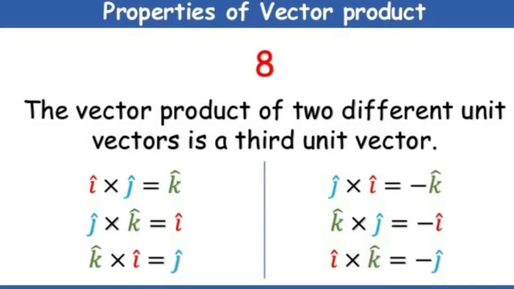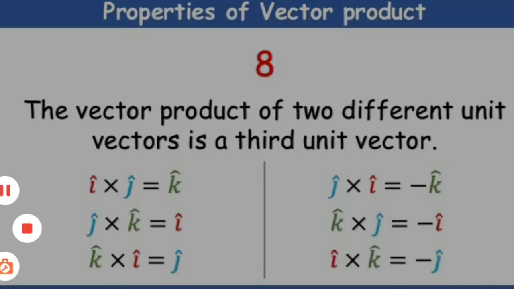Now the vector product of two different unit vectors, that means i cross j, j cross k, like that. So when we take i cross j, we have i cross j equal to k. How are we getting i cross j equal to k? You know, the magnitudes of i and j are equal to 1.